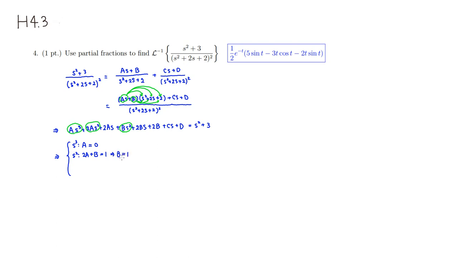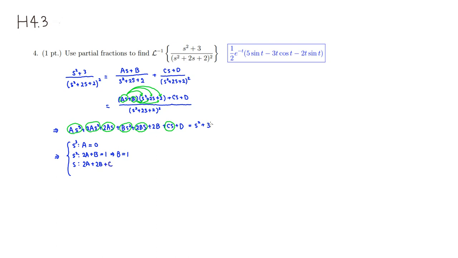Let's look at the linear term, the s term. There's a 2as, so 2a, and then another 2bs, so 2b, plus cs, so plus c.